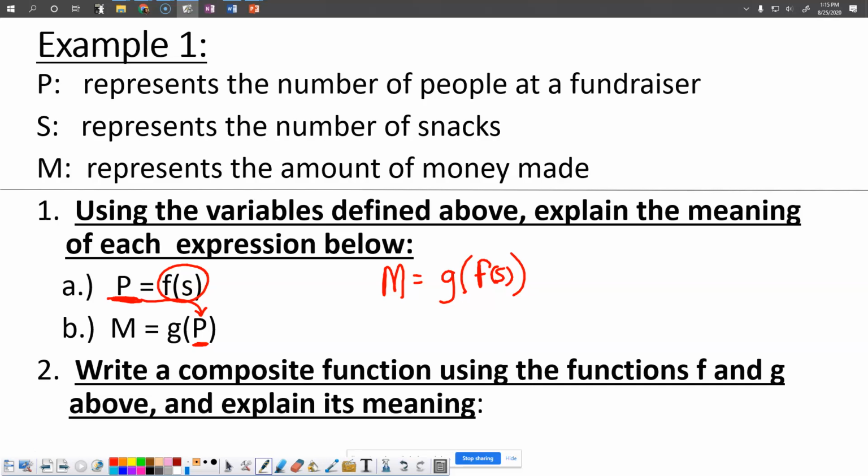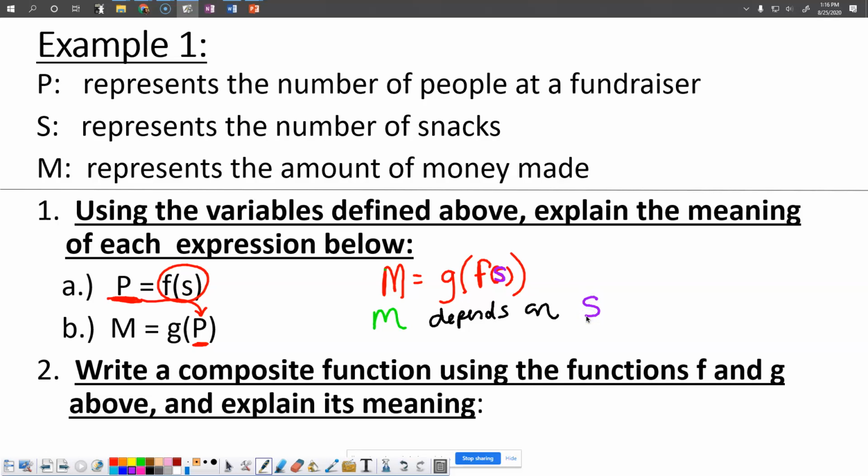Now let's write a statement about that. M depends on, now I'm going to focus just on the s right here, the input. Okay, so M depends on s.